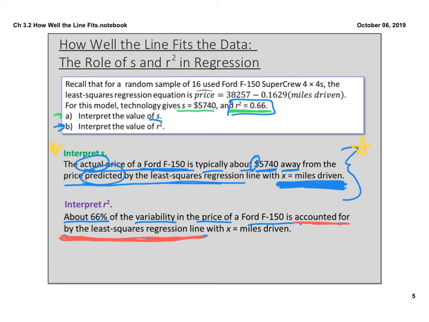If you're ever interpreting R squared, that little phrase is in there. Boom. And then with whatever the X variable is. So 66% of the variability in the price of the Ford F-150 is accounted for by the LSRL, with X equaling the miles driven. That's how I would write up those two interpretations.